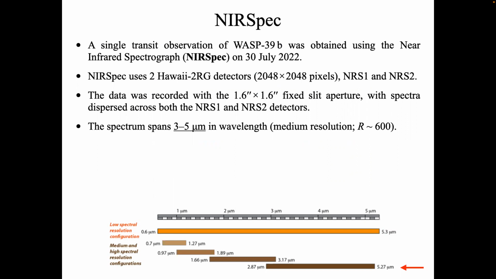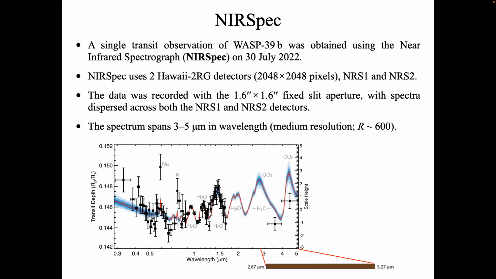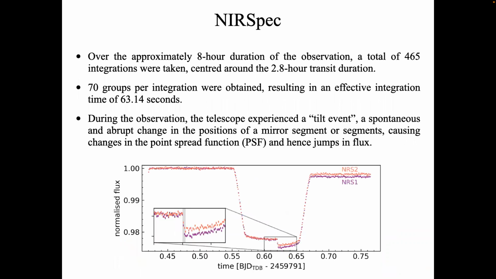We observed one transit at the end of July last year with this configuration, between 2.8 and 5. Why this? Because we want to explore this region and see if we are able to detect carbon dioxide. So this is what we expect to find.